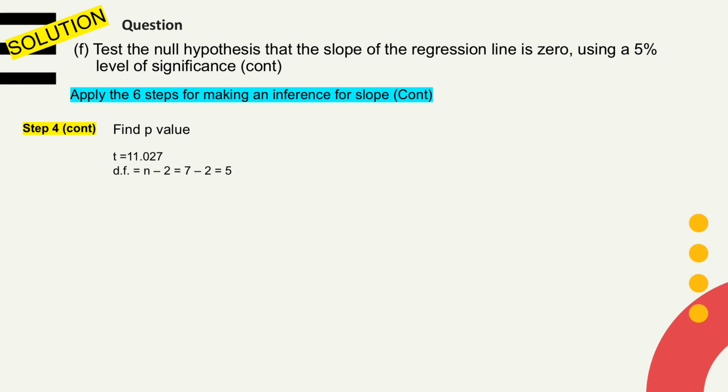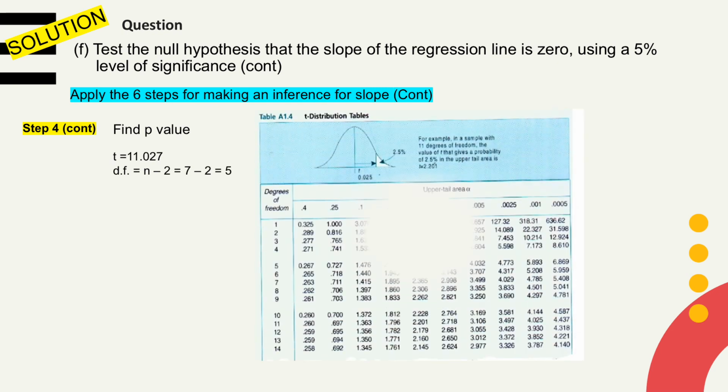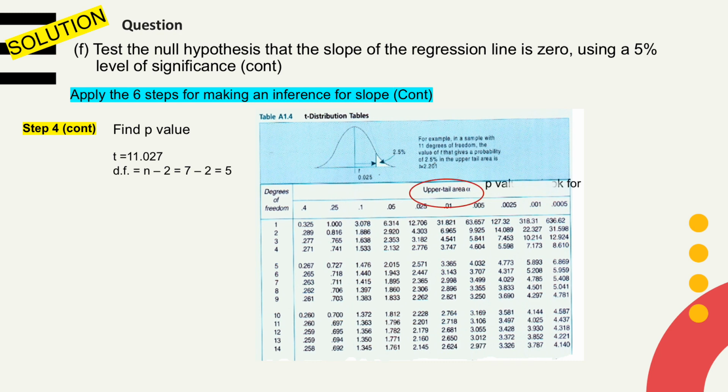What we have to look for in this step is actually the same as what we looked for in the previous question when we made an inference for the correlation coefficient, where we have to find the p-value, which is the upper tail area, based on the information of t and the degree of freedom. In this case, the t is 11.027 and the df is 5, but apparently the same case happened where the t value here exceeds the maximum limit.